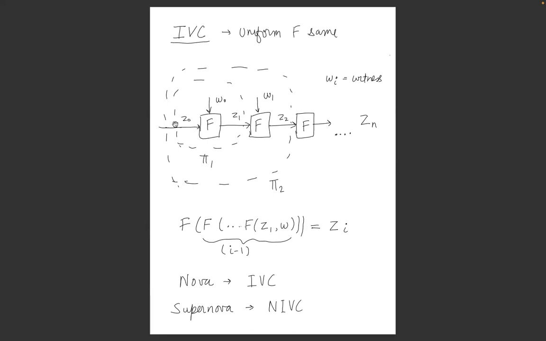We have some initial input, which is z naught, and there is some witness w naught, and this outputs another state, which is z1, and this is fed into the same function with now a new witness w1, and this again outputs z2, and this goes on until we get some final state, which is zn. So this is the format of IVC, which just means that we are doing some computation stepwise and with some new inputs at every step.